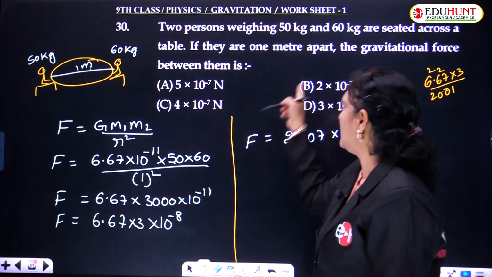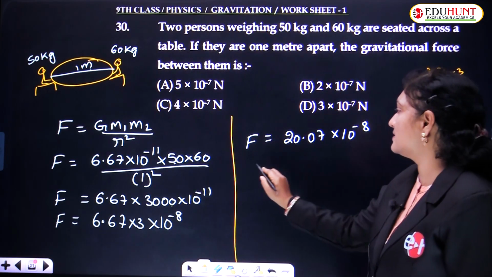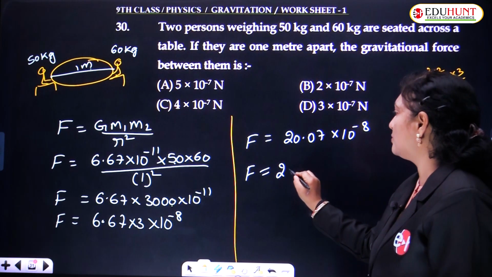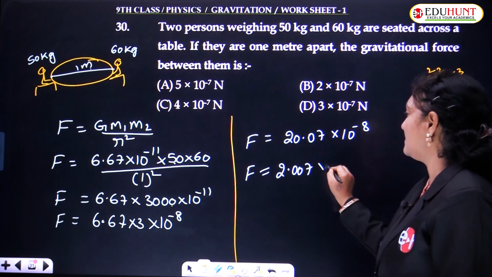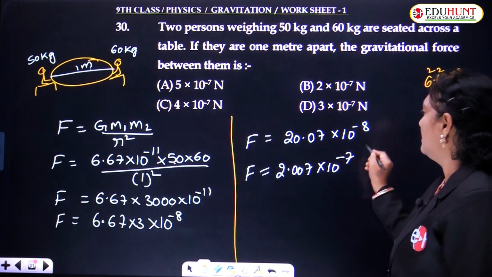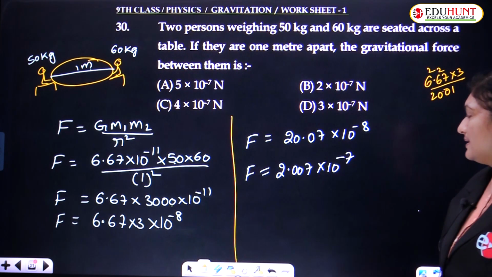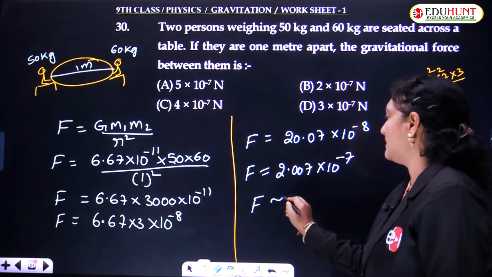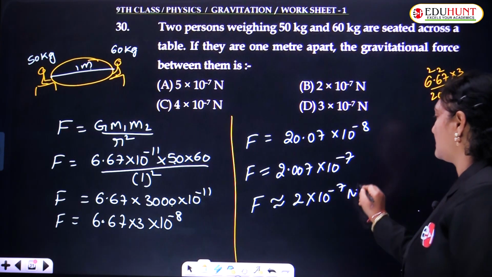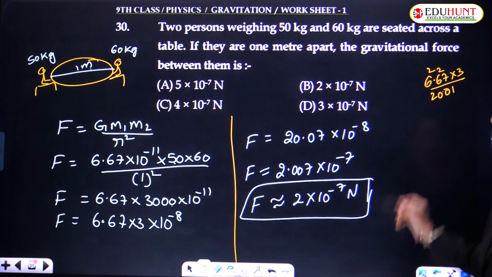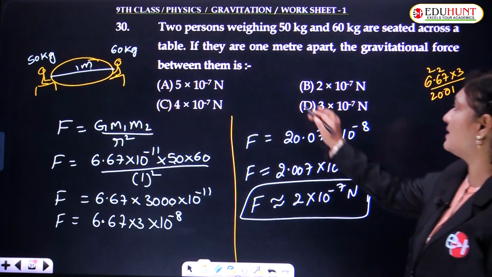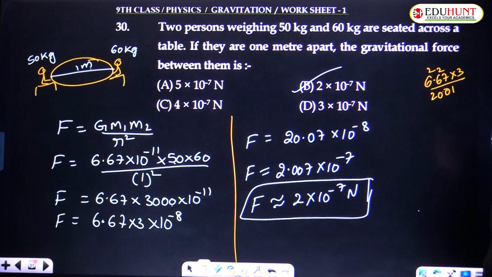But here only single numbers are there, so I can take this decimal in. This decimal moving towards the left side, it will become 2.001 times 10 power. As I took the decimal in, I can now replace this minus 8 with minus 7. So F is approximately taken as 2 into 10 power minus 7 Newton. So what is the force acting between the two persons? It is 2 into 10 power minus 7 Newton, and hence option B must be true.